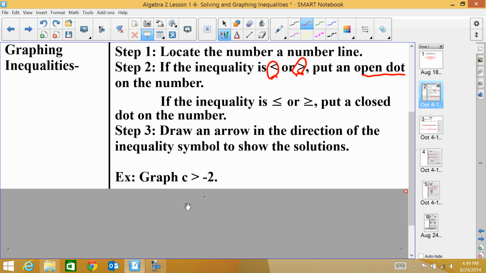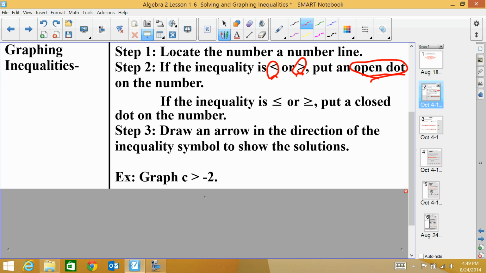So for instance, we're going to graph the inequality c is greater than negative 2. So we're going to show all the numbers that are greater than negative 2. First, we have to find negative 2 on the number line. And then we have to decide if it's an open dot or closed dot. Well, it does not have the bar underneath, so that means it is going to be an open dot on the negative 2.